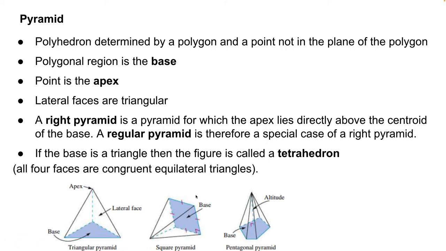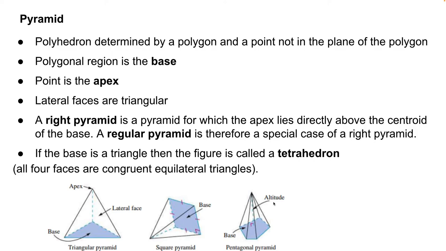We can see the base is a square, and the point outside of the base, the apex, is here. And the faces that connect the apex with the base are always triangles. But the name of the pyramid comes from the shape of the base. The base is a square, so we call this a square pyramid. This is a triangle, so it's a triangular pyramid. The base is a pentagon, so it's a pentagonal pyramid, right?